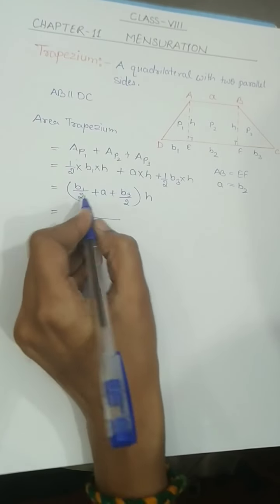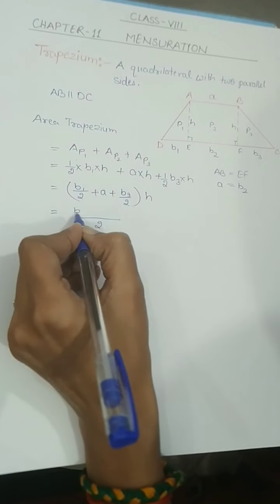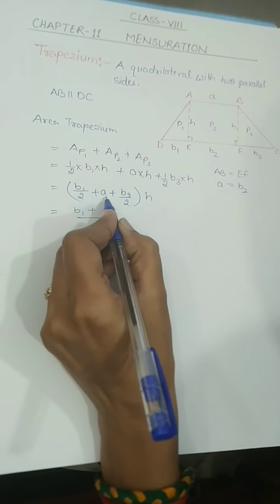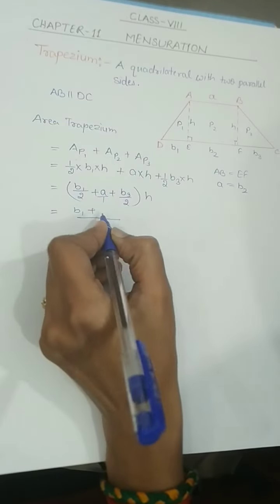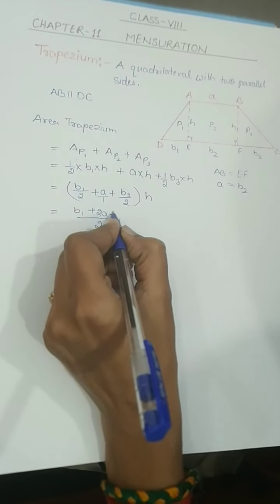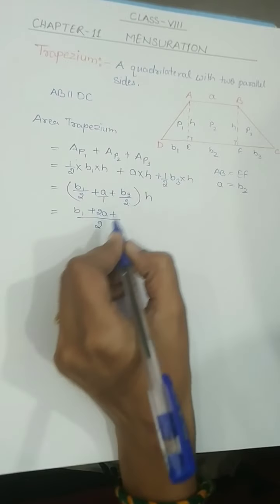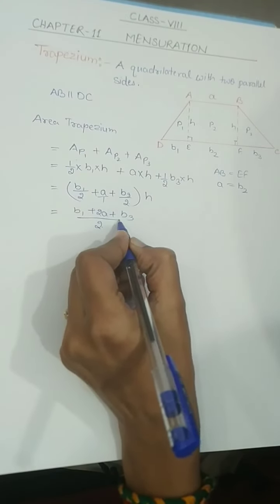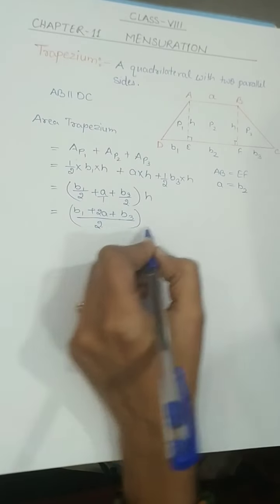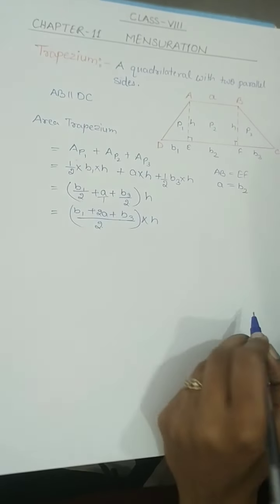So we get B1 only, plus 2A over 2, plus B3 only, and outside the bracket we have H.